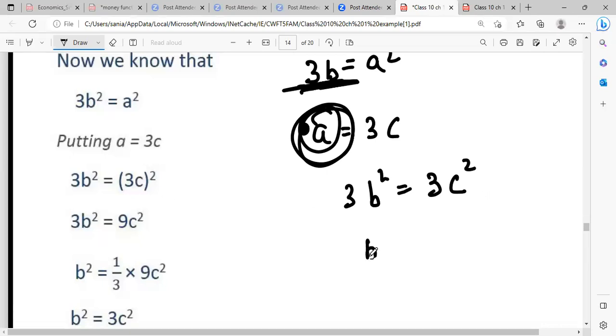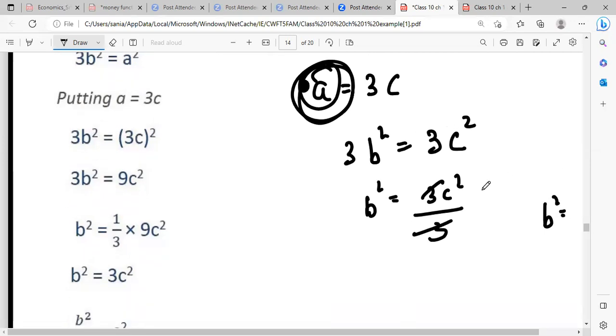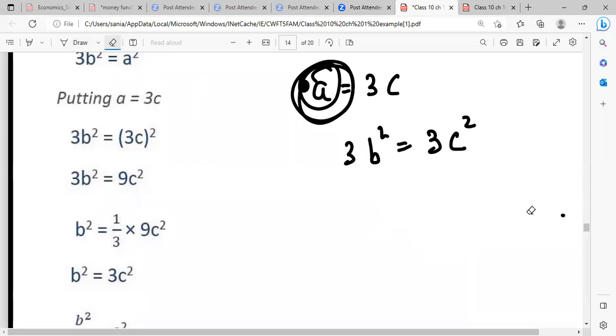Now over here, 3B square and 3C square. So B square will remain here, 3C square divided by 3 because these were in multiplication. So 3 and 3 got cancelled. B square equals, it's 3, wait a minute. It's 3B square and this 3C whole square, right?